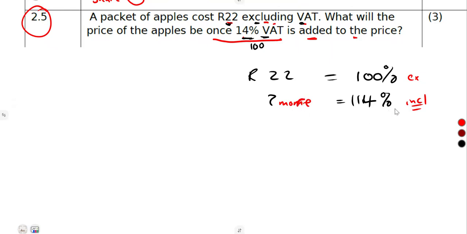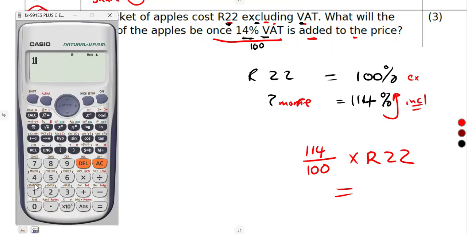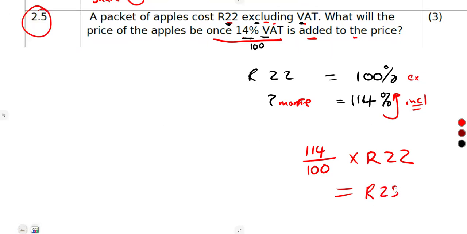So the bigger percentage, 114 over the smaller one, 100, times 22 Rand is our final price, including the value added tax. This one already has the value added tax inside the 114, we have already added the percentage. So the price is the final one, 25.08, same as the last one that we had. So many ways.